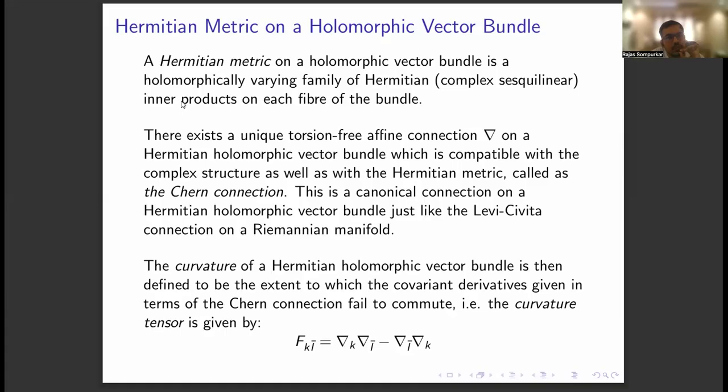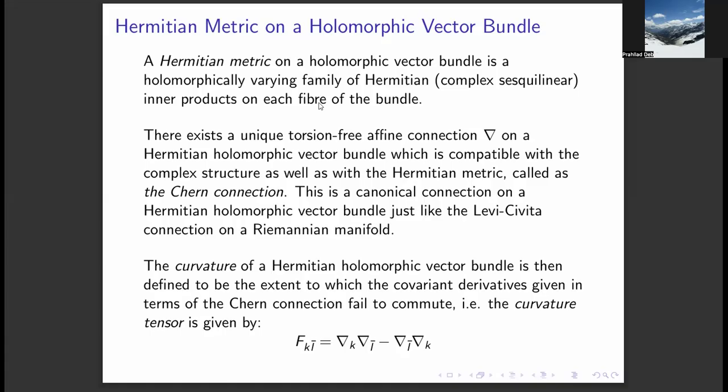So this should be a smoothly varying family of Hermitian inner products. Exactly. We want the Hermitian structure smoothly varying because it is a real analytic thing. If you write down the power series, you will get terms in both z and z bar, so it's a real analytic map.